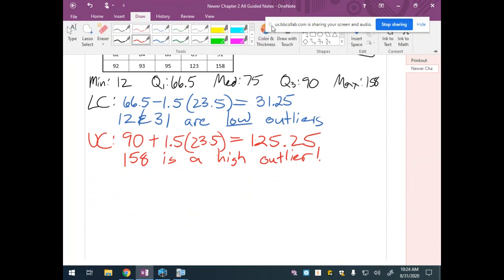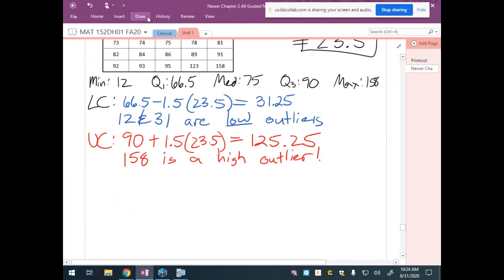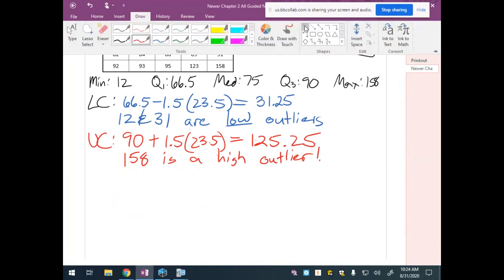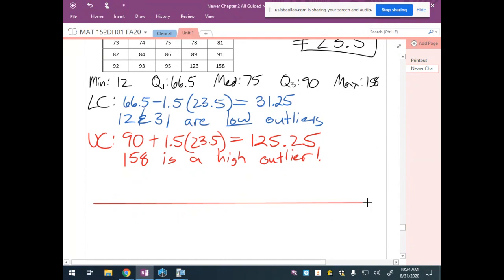So just going to draw a line here. So we'll take it from 0 to 160. And I'm not going to go in there with a microscope and see if they're close or far off.